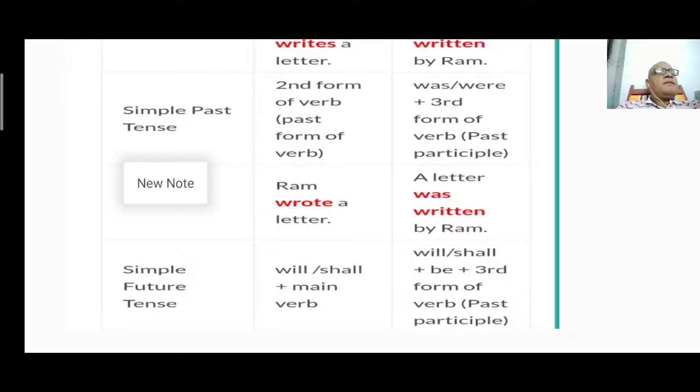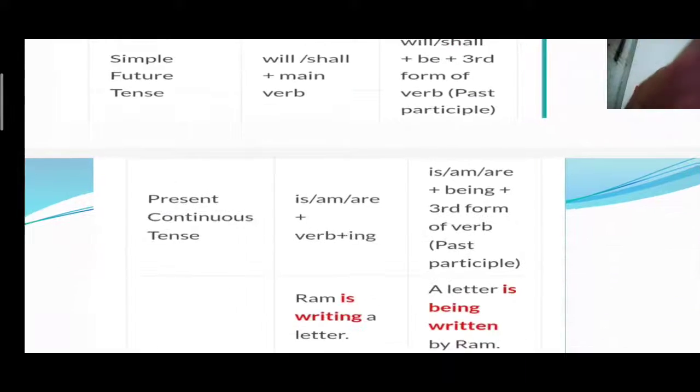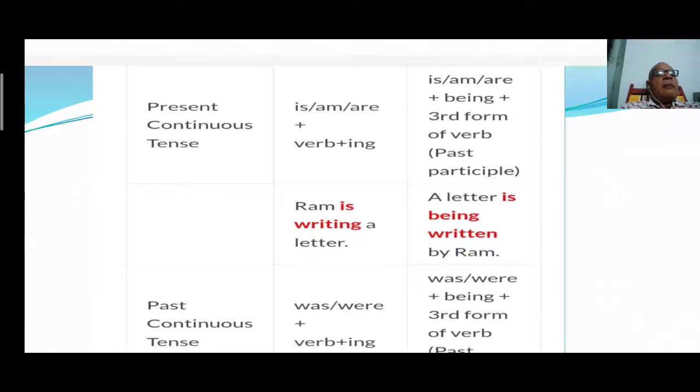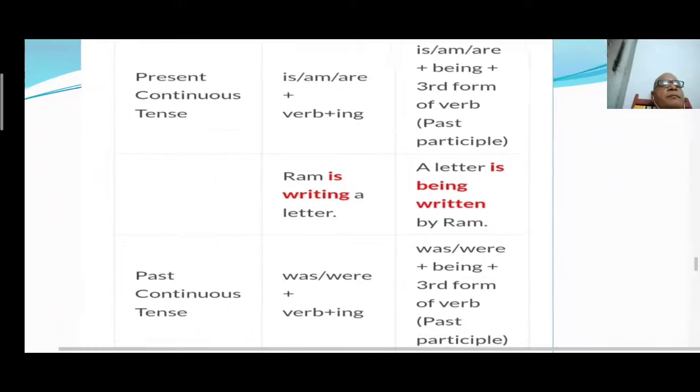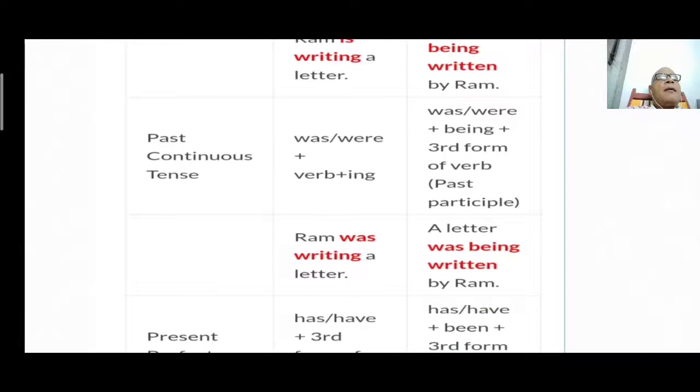Because we cannot change did into some other form, it is good enough. In a similar way, Rama is not writing a letter. A letter is not being written by Rama. Rama was not writing a letter. A letter was not being written by Rama.